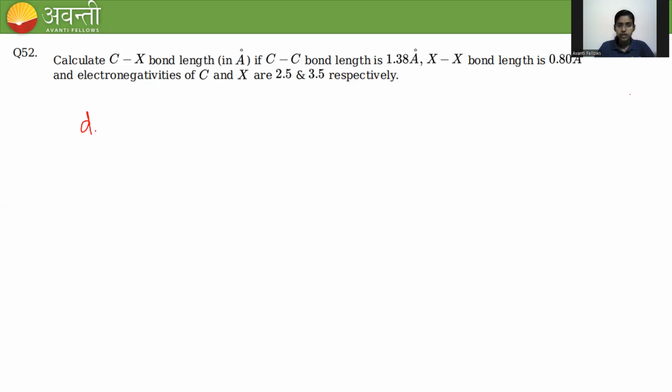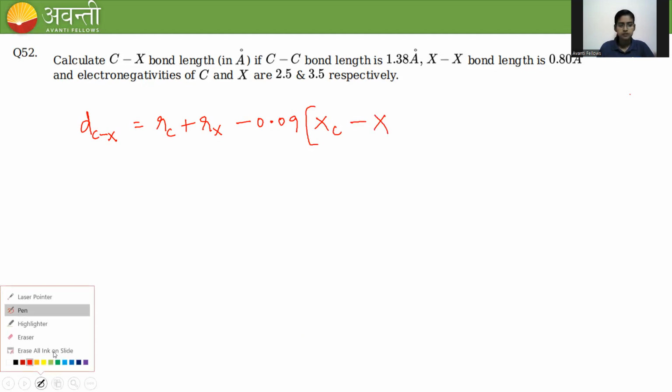So we have to find this for C-X, which is equal to the radius of carbon plus the radius of the halogen minus 0.09 times the electronegativity of the halogen minus the electronegativity of carbon. Okay.